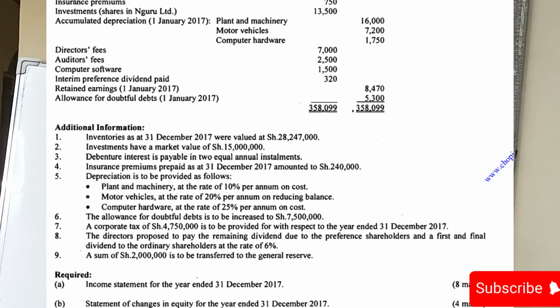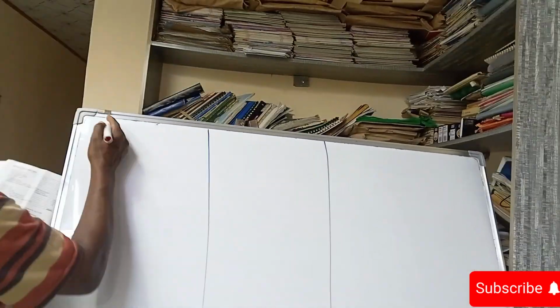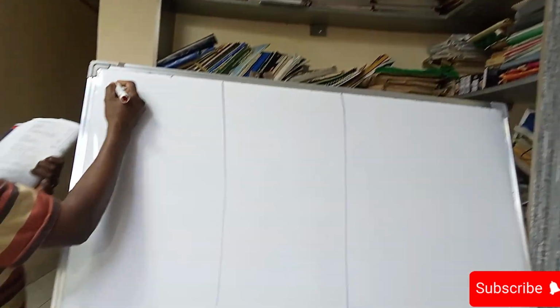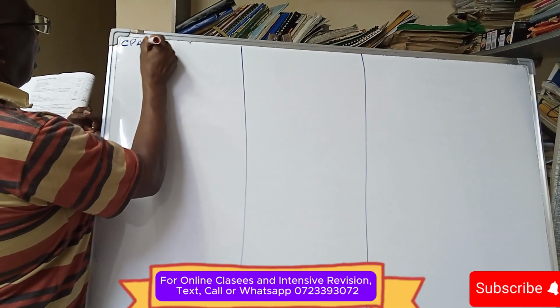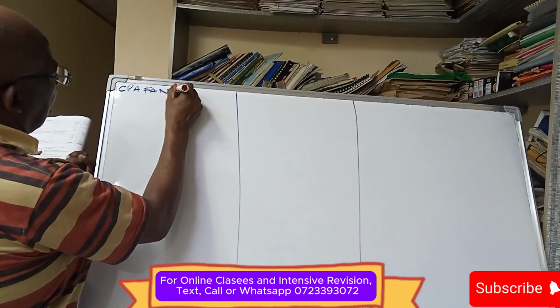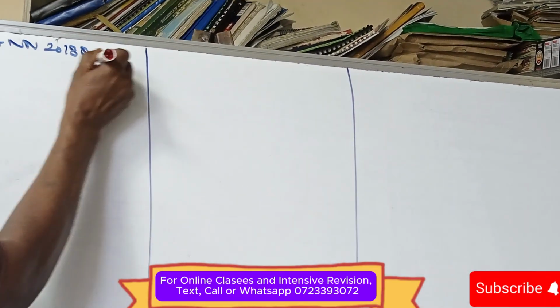Expense. Interim preference dividend paid, retained earnings, allowance for doubtful debts at the beginning of the year. Then you are told inventories at the beginning of the year were valued at 247,000. So if you were to just start capturing our details, the question is the CPA FA November 2018, Question 4.